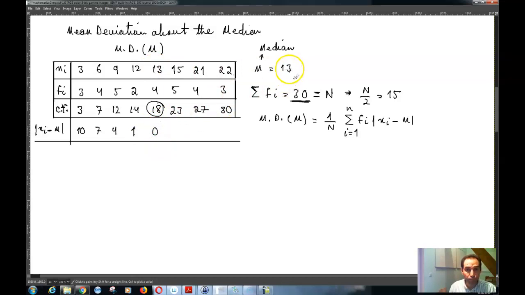And 15 minus 13 is equal to 2. 21 minus 13 is equal to 8. And 22 minus 13 is equal to 9.